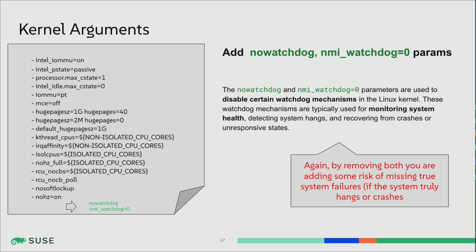From a telco perspective, what we want is to optimize and improve the amount of CPU cycles that we dedicate to the workloads. So one of the recommendations is to remove it if you are sure that crashes will be controlled from an external point of view, and you don't need these kinds of messages in the kernel.